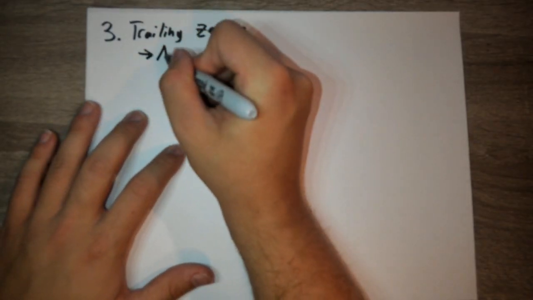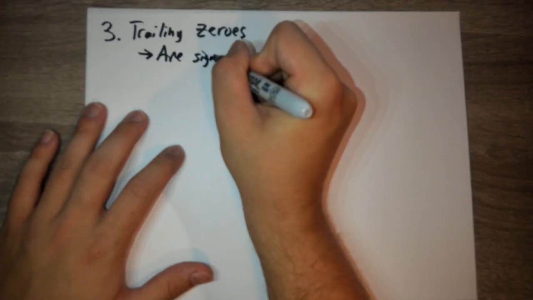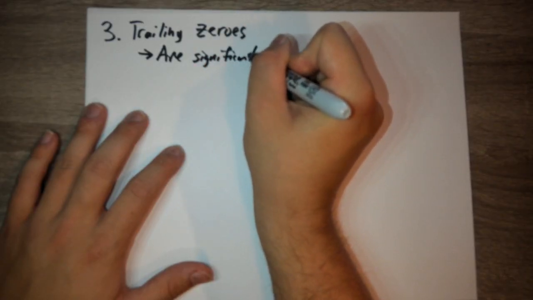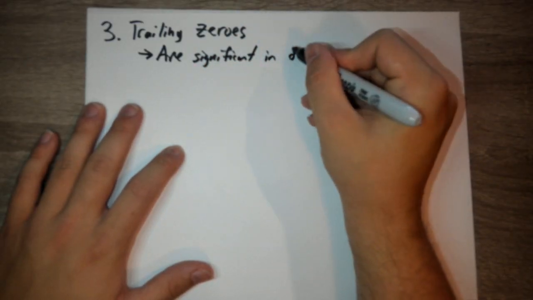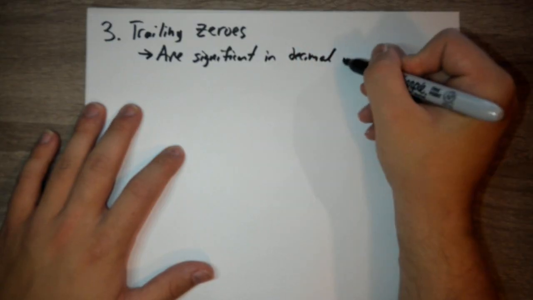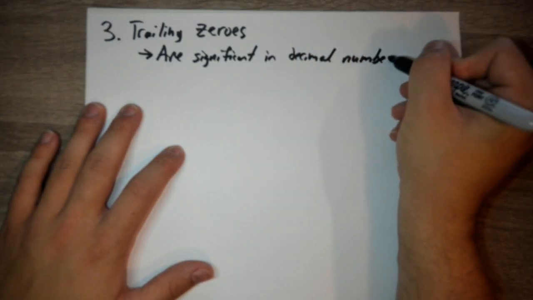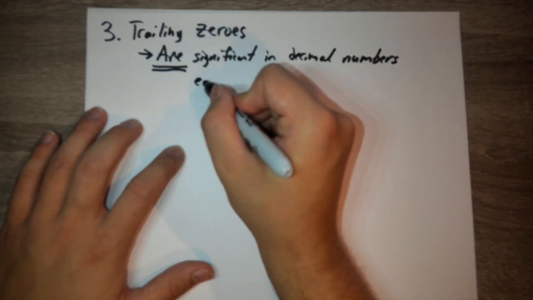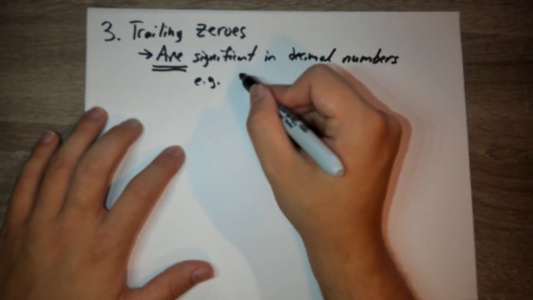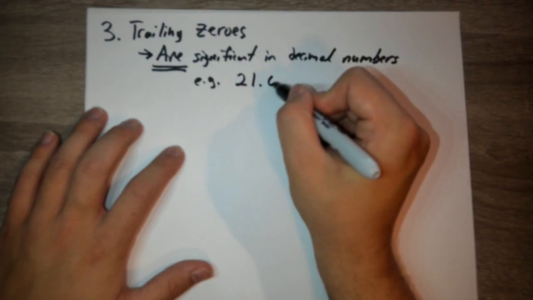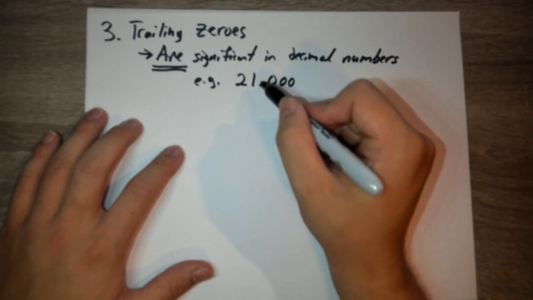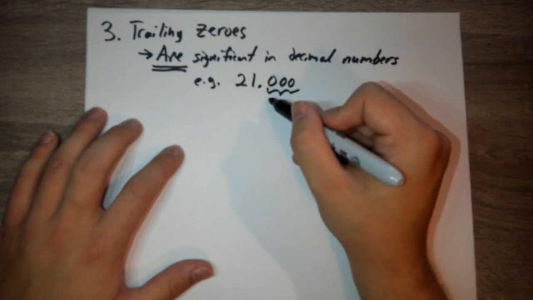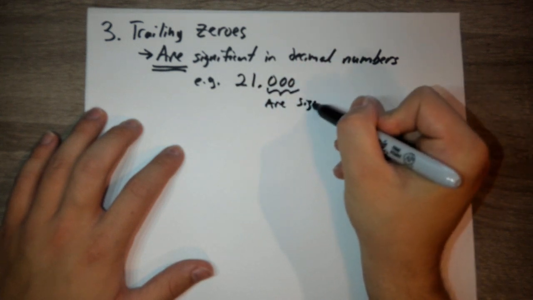So these are significant in decimal numbers. Example being 21.000. So you have a decimal here, so these zeros are significant.